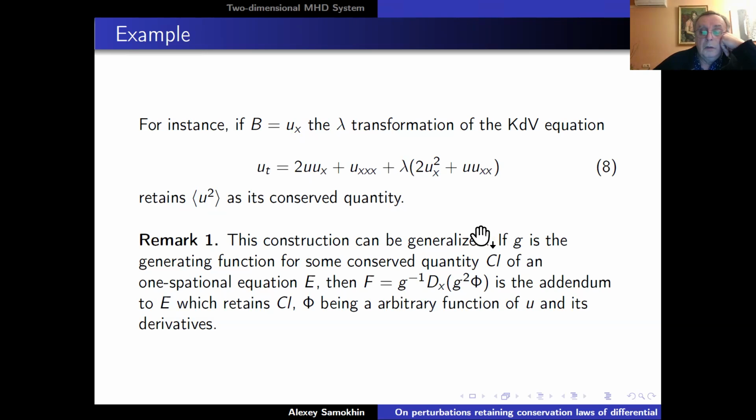Of course, this construction, which is very simple, may be generalized, and if g is the generating function for some conserved quantity, then f given by this formula is the addendum to the initial equation, which retains that conserved quantity, where phi is quite arbitrary.